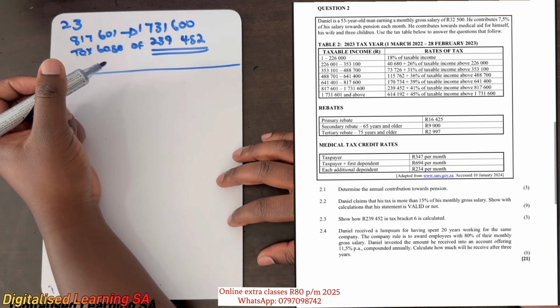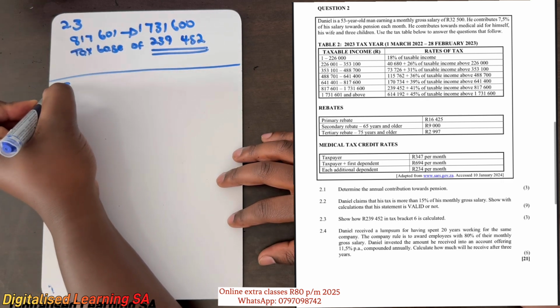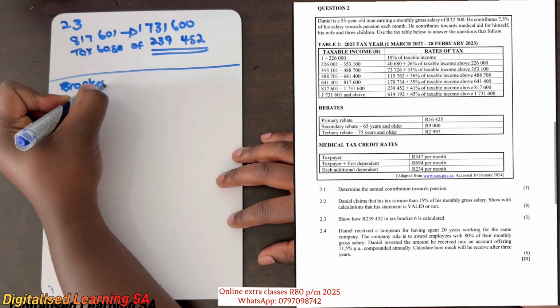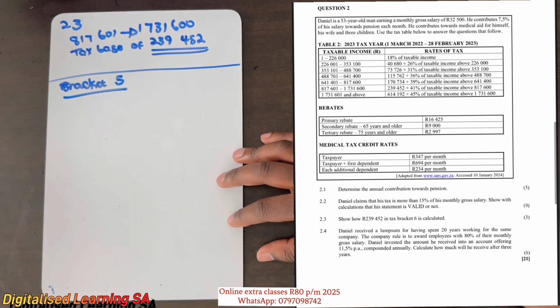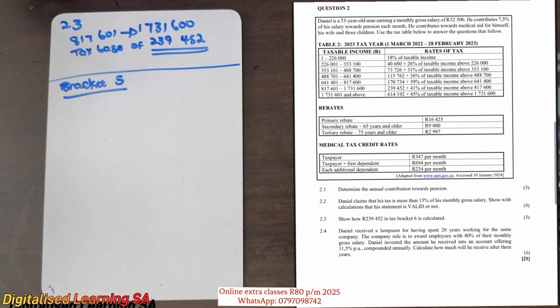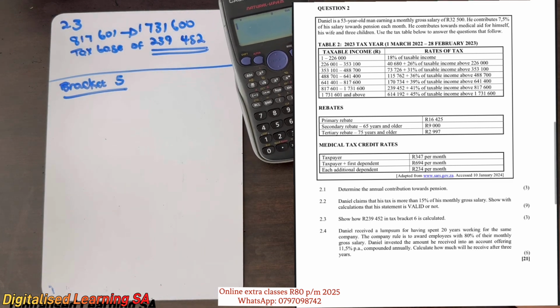Okay, so to do that, we need to first focus on tax bracket 5. If we look at tax bracket 5, we can see that the tax base was 170,734 for 641,400. In this case, we will be considering the whole amount for this tax bracket.